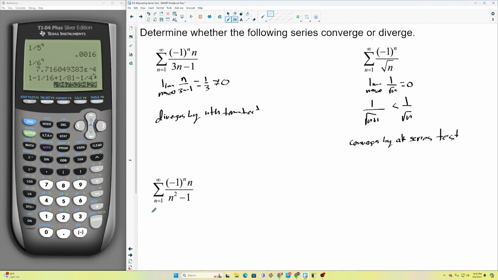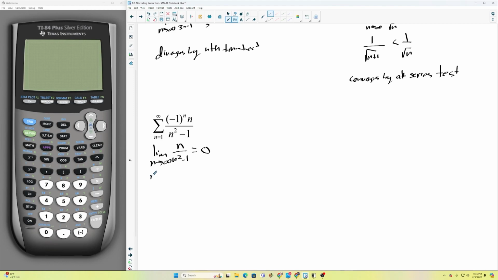Here we have limit as n approaches infinity of n over n squared minus 1 is equal to 0. So that passes the nth term test. But now we have to be able to say n plus 1 over n plus 1 squared minus 1 is less than n over n squared minus 1 for n greater than what? So we're going to let f of x equal x over x squared minus 1.